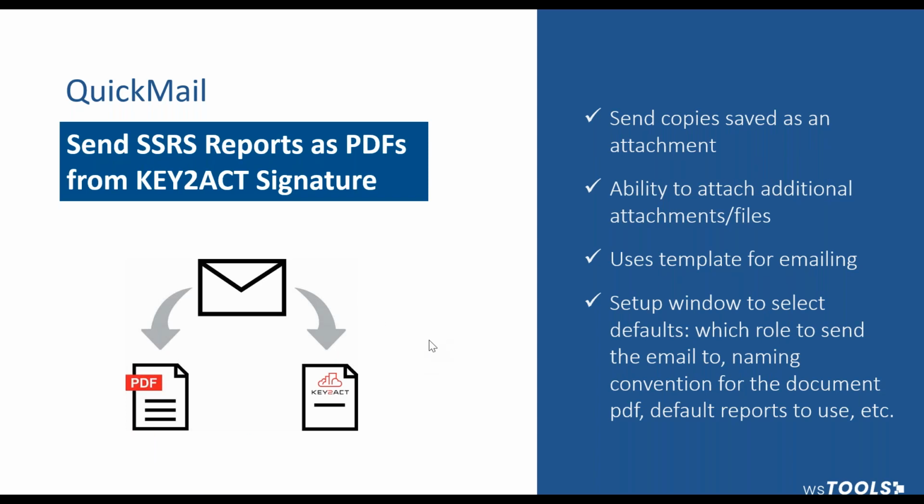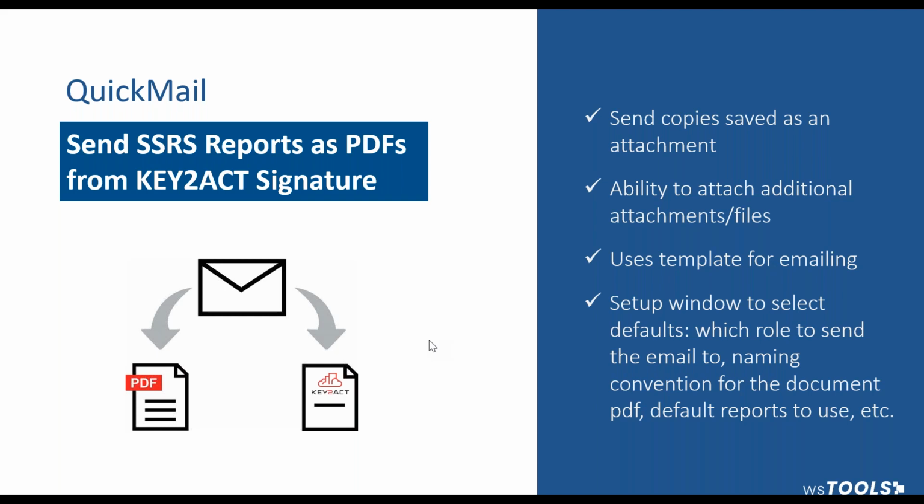Let's talk about what QuickMail is, because if it's going to make your life easier, what does it do? Overall, QuickMail allows you to send your invoicing and work order reports through email to your customers, attached as PDFs. In your invoicing windows, when you get all your data entered, you're ready to go, and you'll have an additional option up there where you can just choose Send QuickMail.